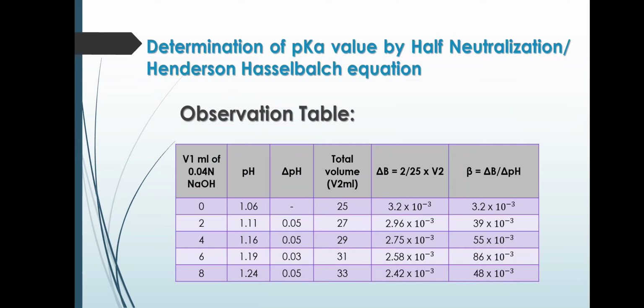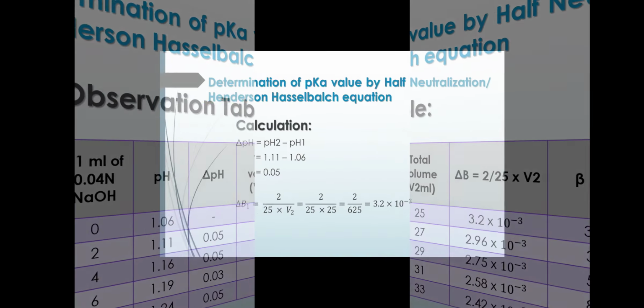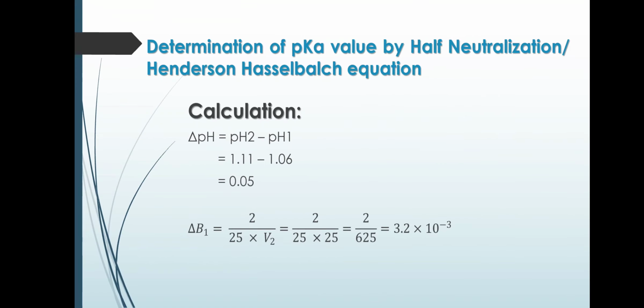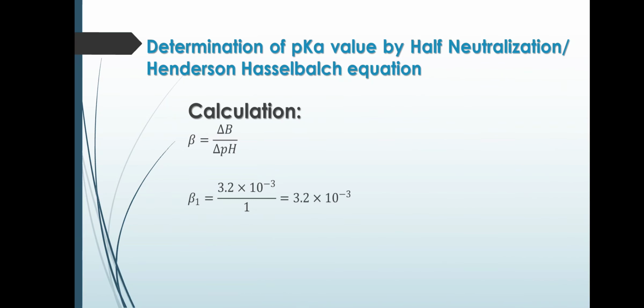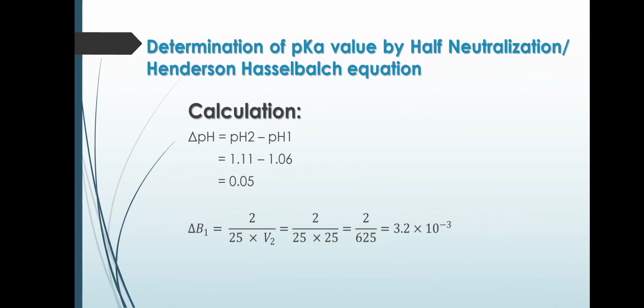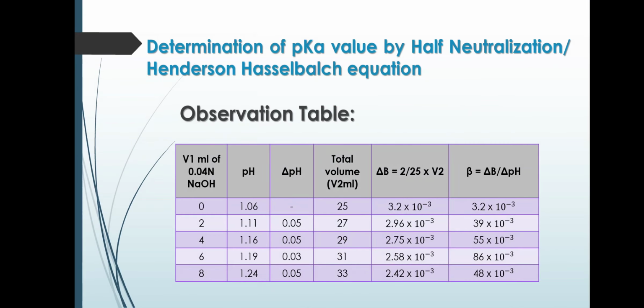And at last, beta, that is the buffer capacity, equals delta B divided by delta pH, which we have already calculated. For the first reading, delta B is 3.2 multiplied by 10 raised to minus 3, divided by delta pH, that is 1.